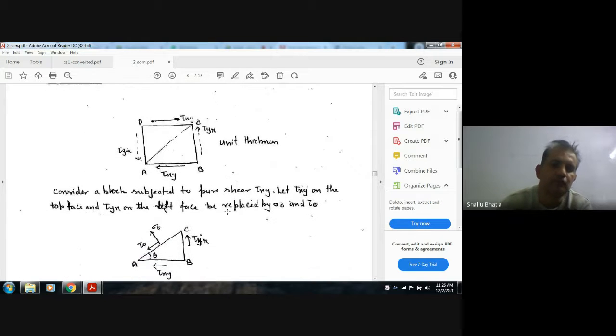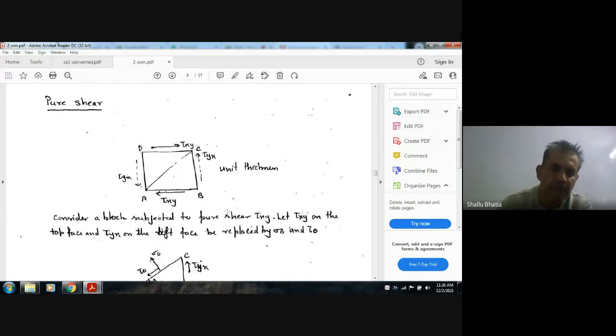Next topic is pure shear. We have studied that whenever a shear stress is acting on a block, complementary shear stress will also act on the perpendicular plane. So consider a block having tau xy as shear stress and tau yx as complementary shear stress.